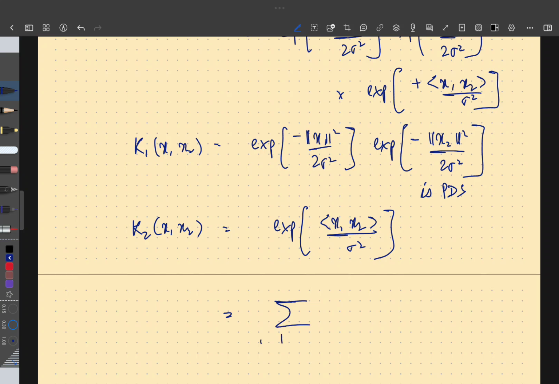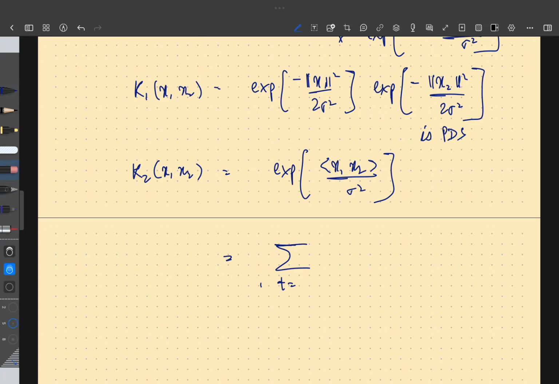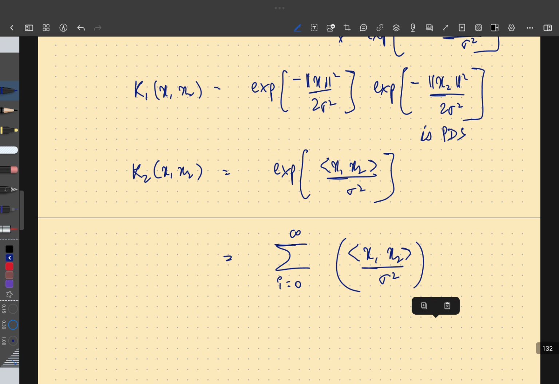It's the summation from i equal to 0 to infinity of t to the power i by i factorial, or in this case, inner product between x1 and x2 by sigma squared, whole to the power i, times 1 by i factorial.